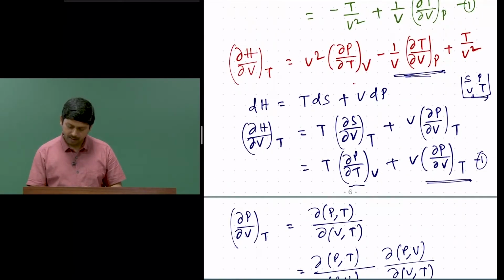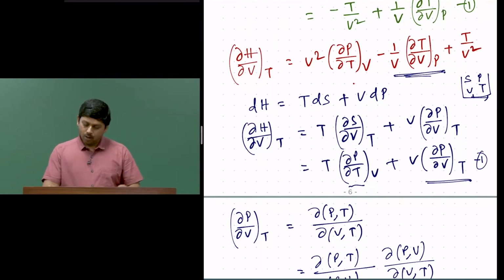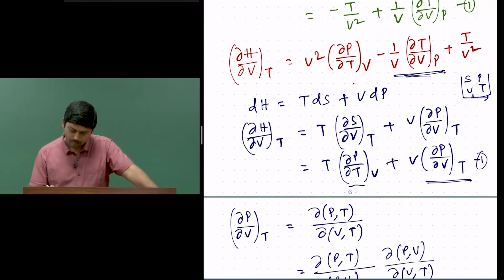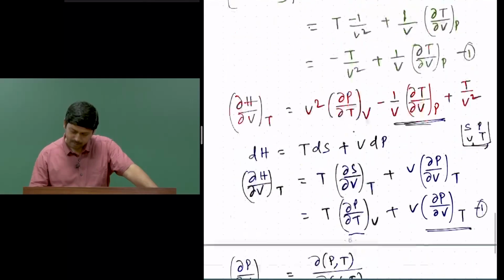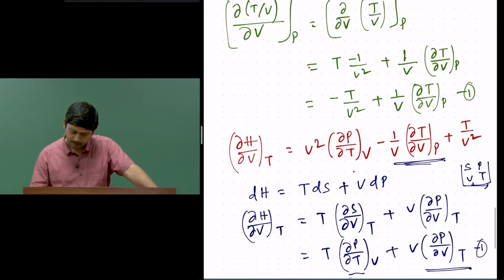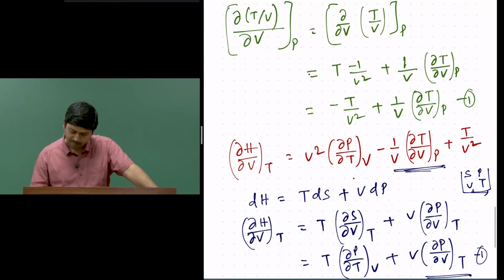Remember, I need to be here. So, let us see, in order to get this particular thing, T by V, we need to be here. So, okay.